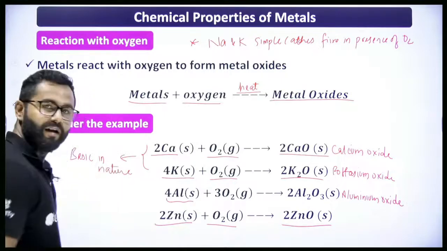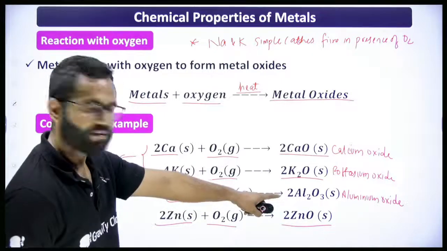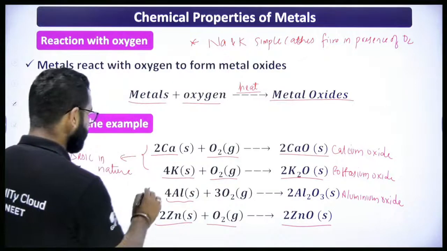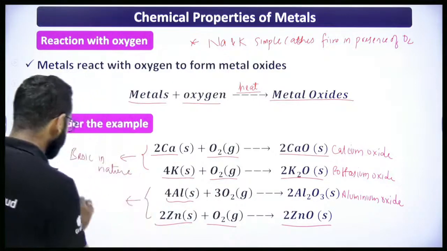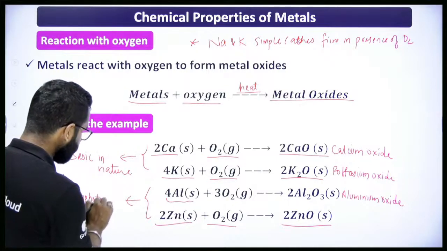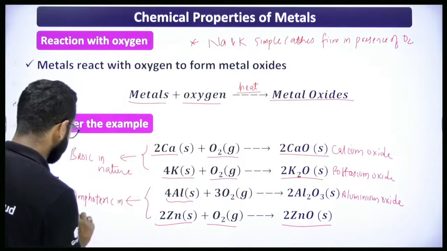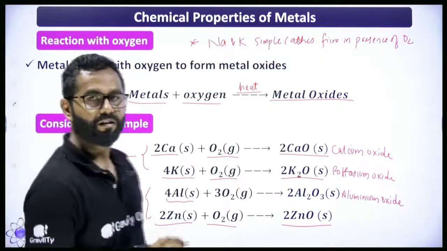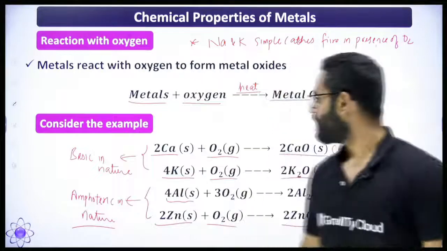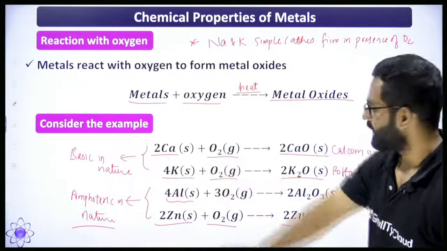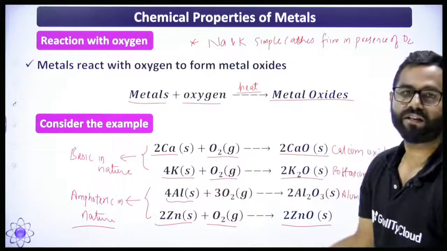And the aluminium oxide, Al2O3, and zinc oxide, ZnO, are amphoteric in nature. Note it down: the first two oxides are basic in nature and the last two oxides are amphoteric in nature.